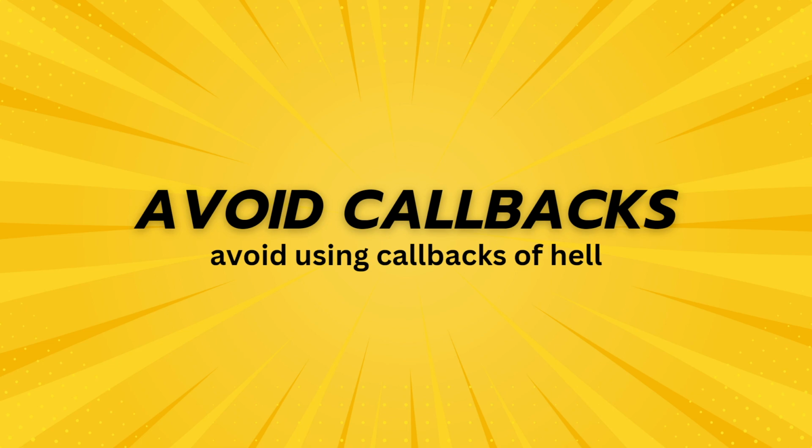Callbacks should be used in cases where you are restricted to the point where you have to use them. Maybe you're using a framework that requires you to use a callback. That is the only time you want to be using callbacks.